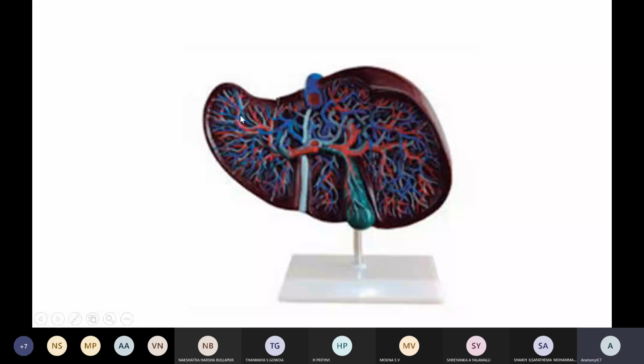The portocaval anastomosis actually does not come under the demonstration, but still I request you to read the portocaval anastomosis because developmentally it is important, and as far as circulation is concerned, how the particular veins attach, there are multiple.